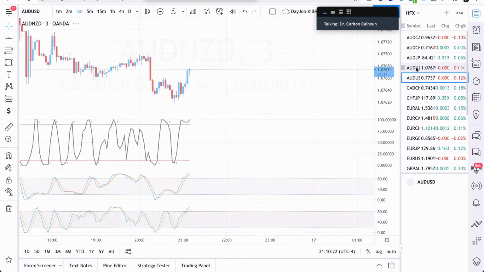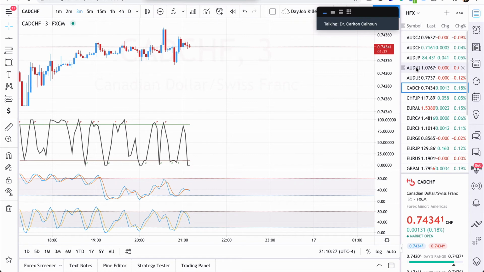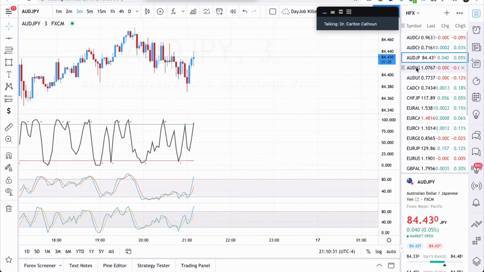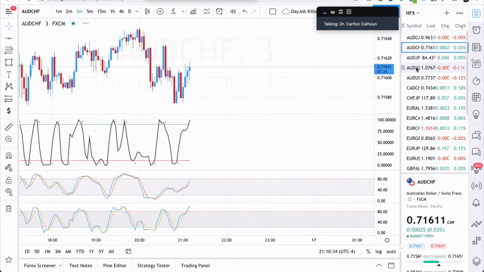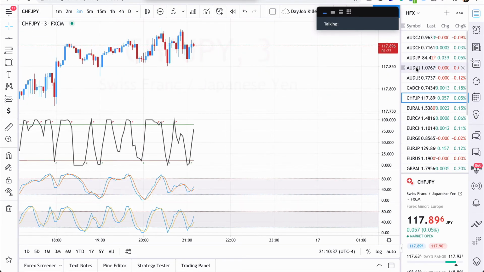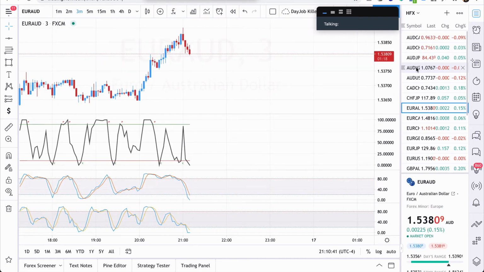Not gonna sit and wait on it though. All the AUDs still pushing up. AUD JPY potential. Euro AUD potential call.